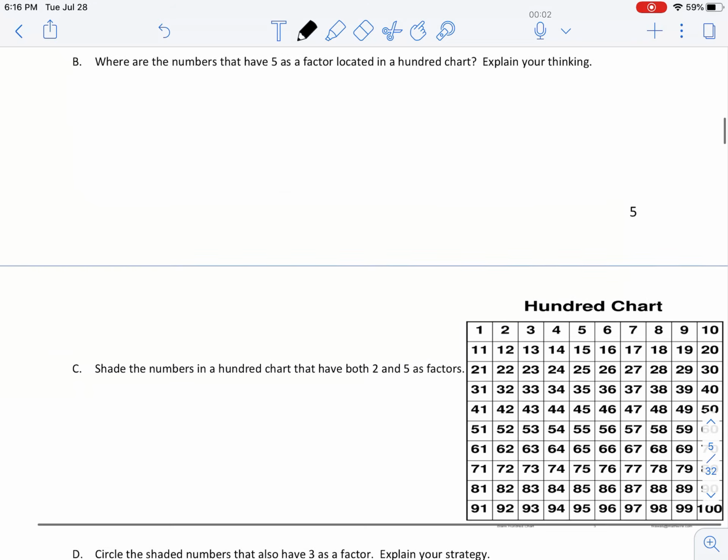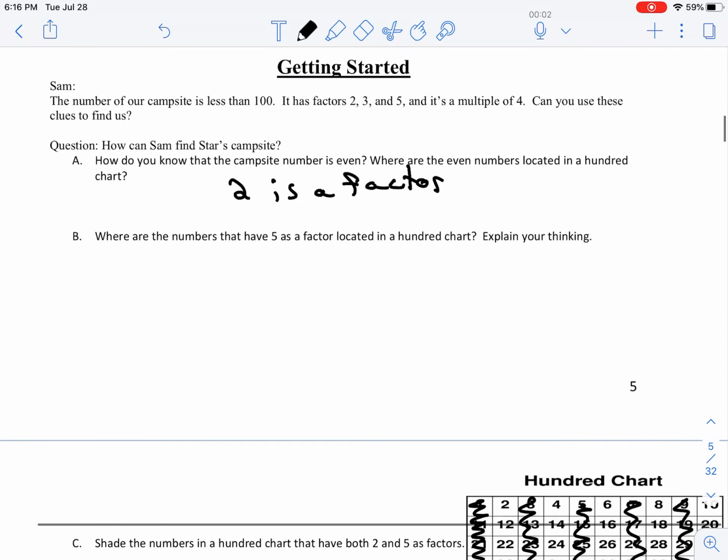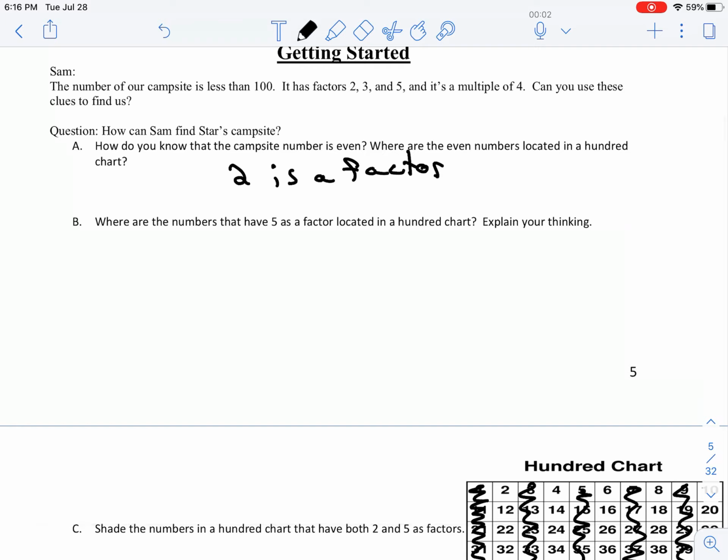So because 2 is a factor, it's an even number, so I'm going to cross off every second list, because it's not even numbers.